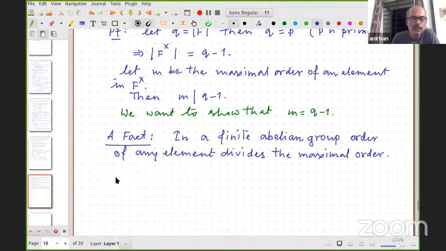Now if we use that, that's going to tell us that for all t in F multiplicative, t to the M is going to be 1. Because the order of any element divides the maximal order, and the maximal order is M, so t to the M has to be 1.